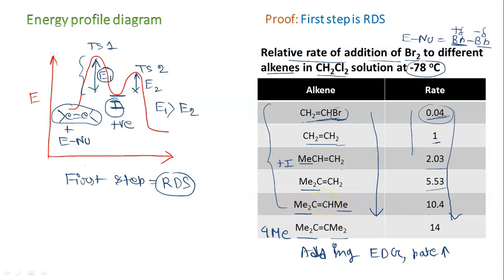So an electron donating group will make the intermediate stable. That is why the rate of the slow step, that is the first step, is increased, and as a result the overall rate of the reaction is also increased.